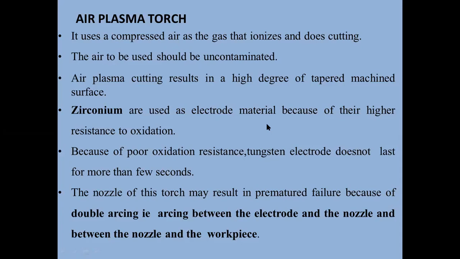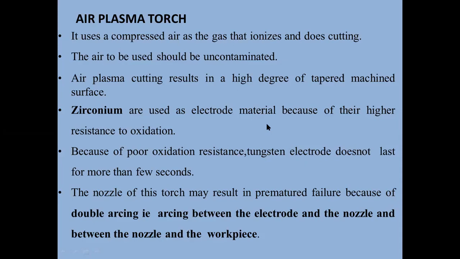First we'll see the air plasma torch. The name itself indicates it uses compressed air as the gas that ionizes and does the cutting. The air to be used should be uncontaminated, meaning it should be pure. General air contains some contamination like humidifying particles, atoms, and wood particles.